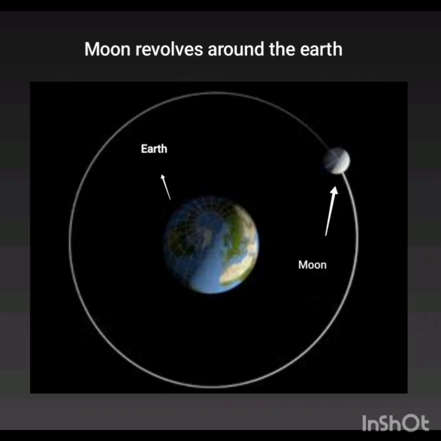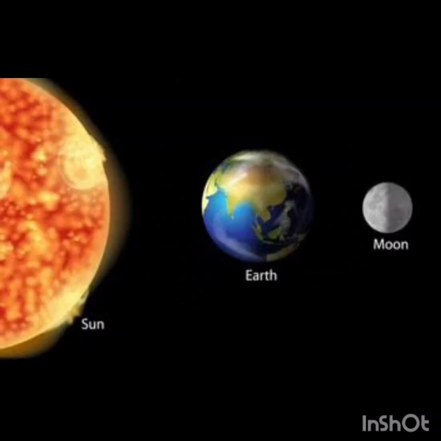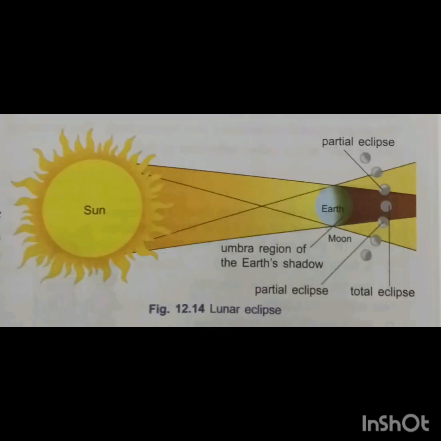As the moon revolves around the earth, it sometimes comes in a straight line with the sun and the earth. Okay? So when the sun, the earth and the moon are in a straight line with the earth in between, the shadow of the earth falls on the moon, and this is known as a lunar eclipse.